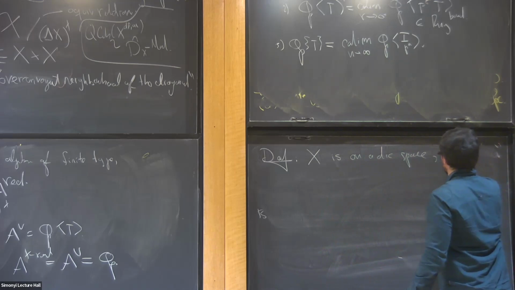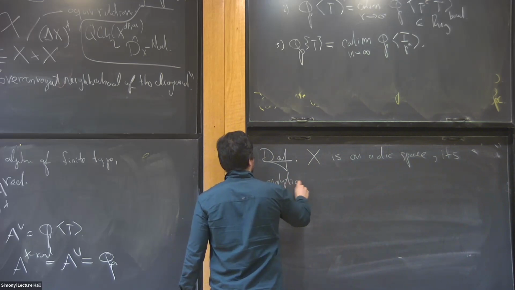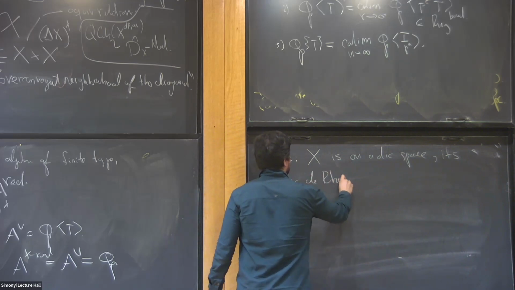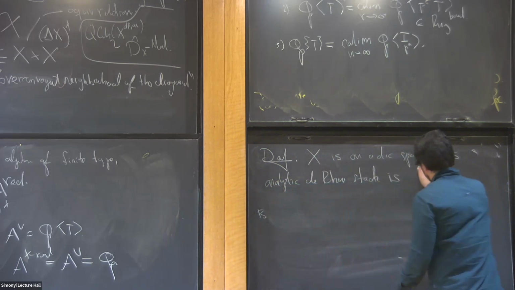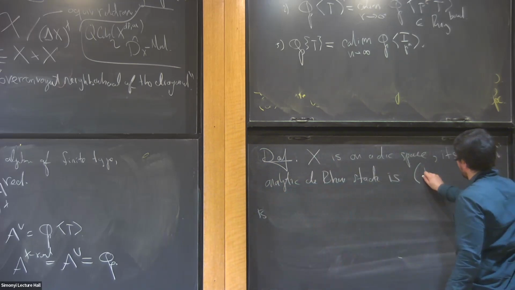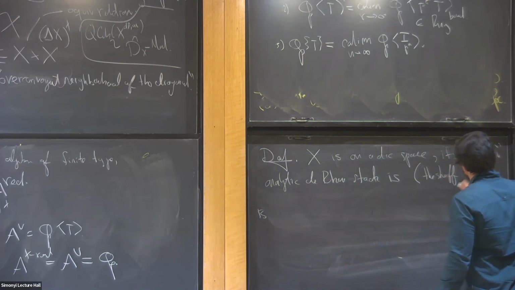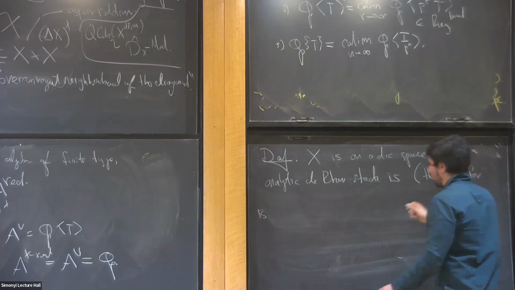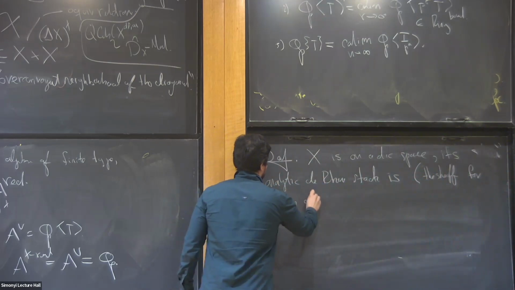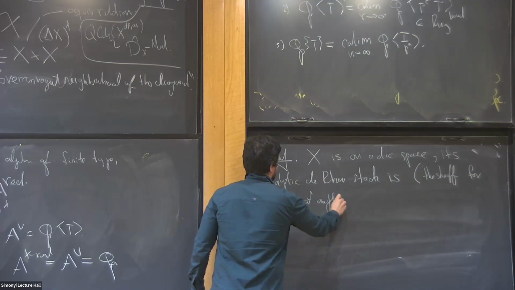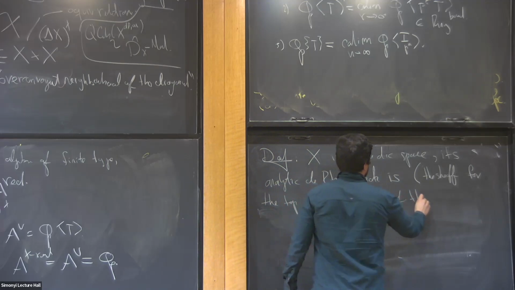Then its analytic de Rham stack is, let's say, for the topology of analytic stacks, the functor.